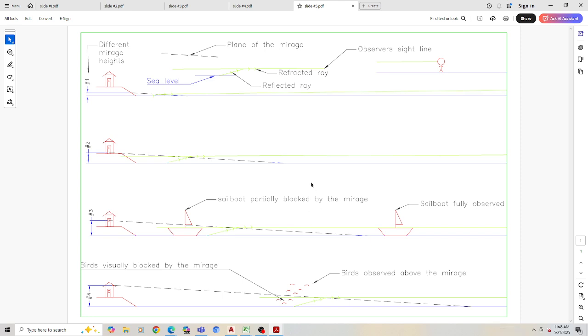Okay, all of this is in exact accordance with the laws that define the path of light. We have the mechanism for reflection. That is the surface of the water.